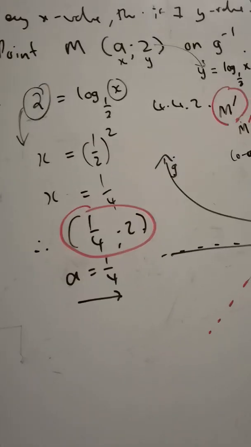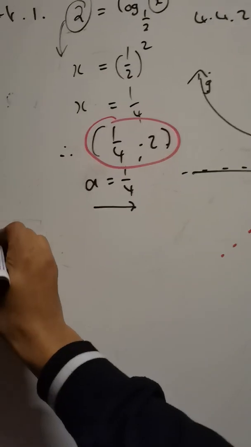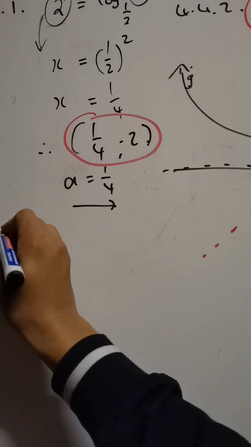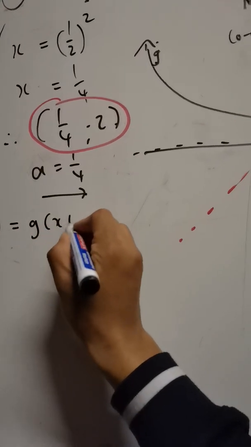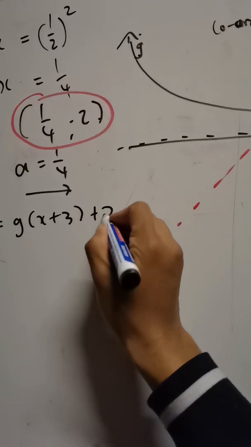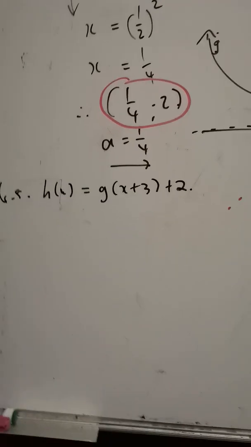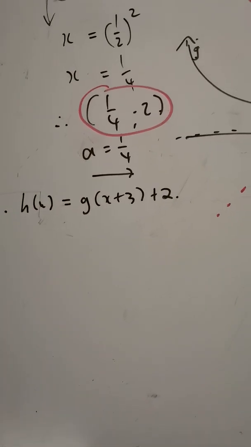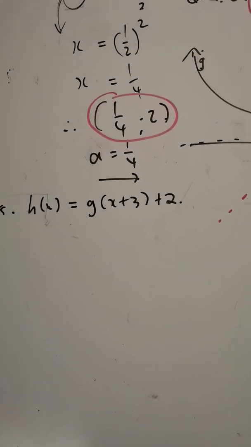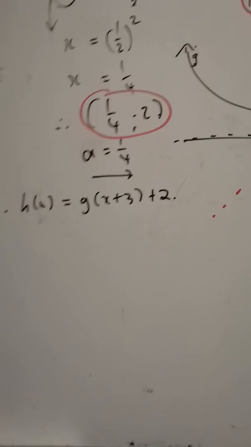Okay, in the last question of 4.5, they tell us that if h of x is equal to g of x plus 3 plus 2, write down the coordinates of the image of m dash on h.